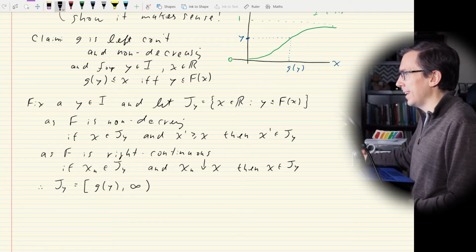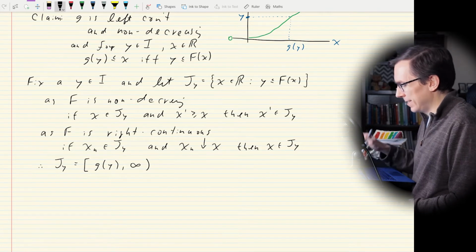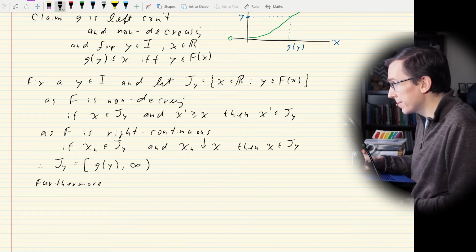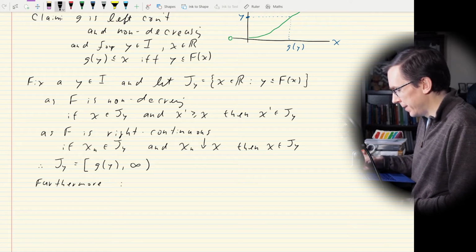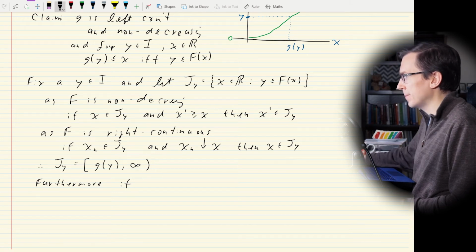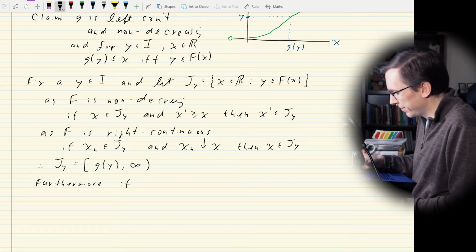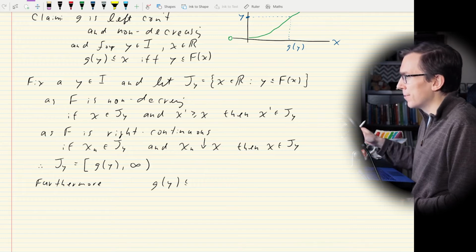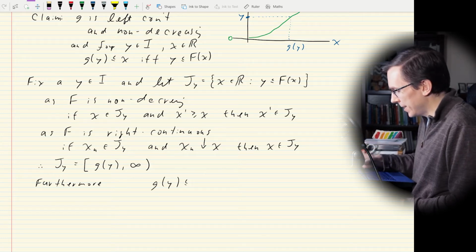Okay, we're not quite there yet. So furthermore, gy is less than or equal to x, and this is if and only if.